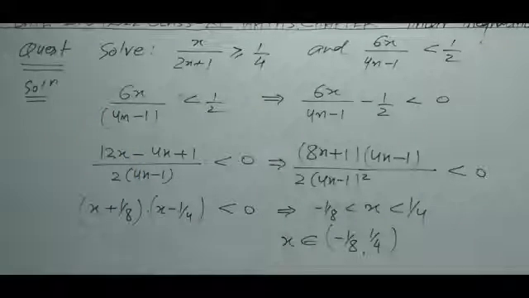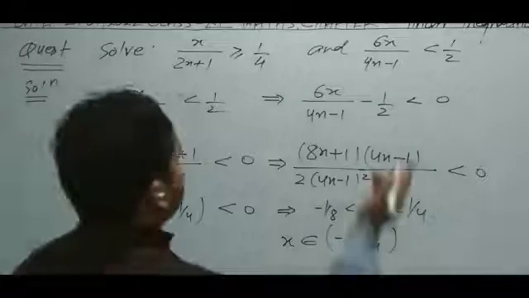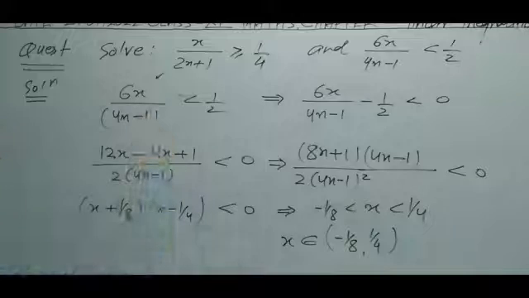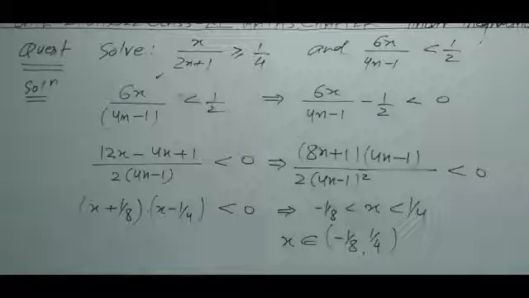So from equation 1 and 2, suppose this is equation 1 from the previous solution and this is equation 2, we have to write both solutions combined. So no solution exists for the given system of inequalities.